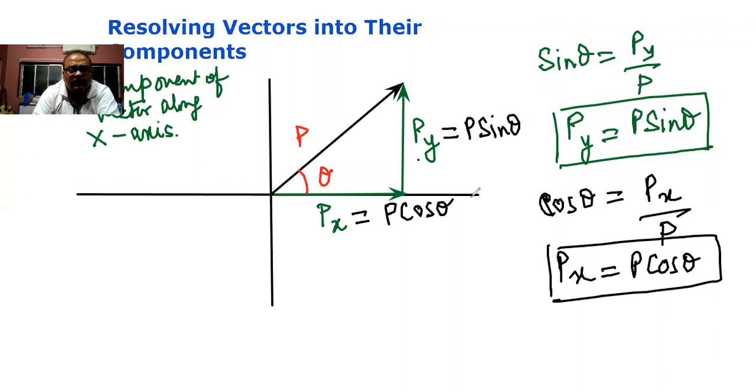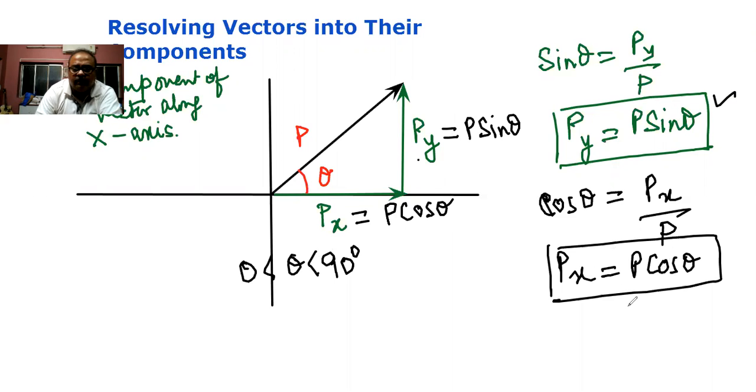Now one important thing is that normally if theta is acute, that means theta lies between 0 and 90 degree, both the components can be assumed to be lying along the first quadrant. So they are basically positive.